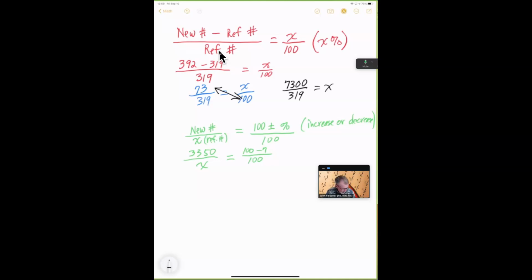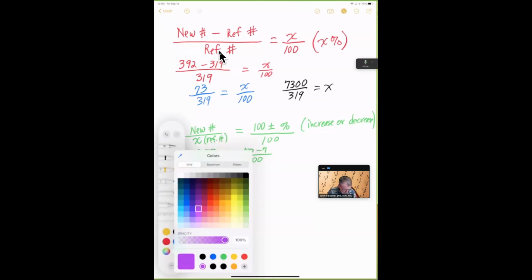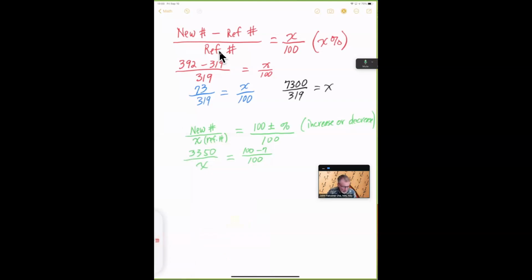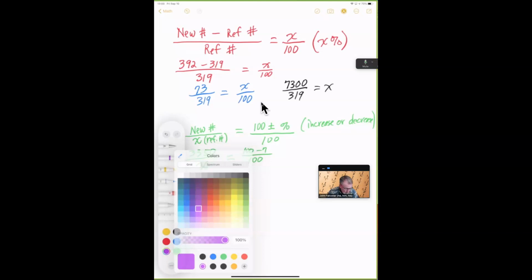And then I also wanted to try to show you how at WAMAP they clear the fractions, which I think it's easier just to do cross multiplication here to solve this, but I'm going to show you how to clear the fractions. Clearing fractions is really great when you have 3 or more elements, and here we only have 2.